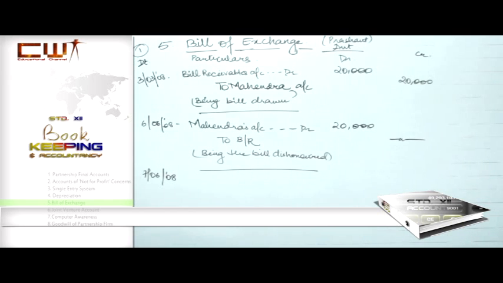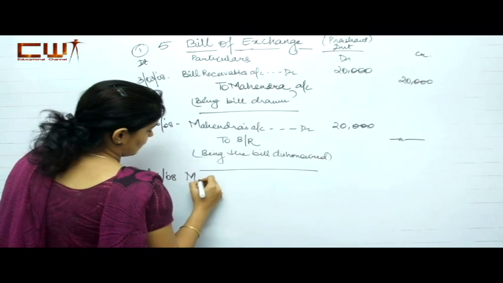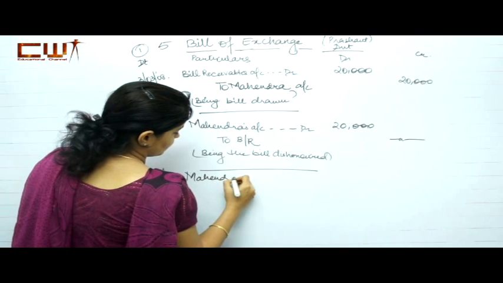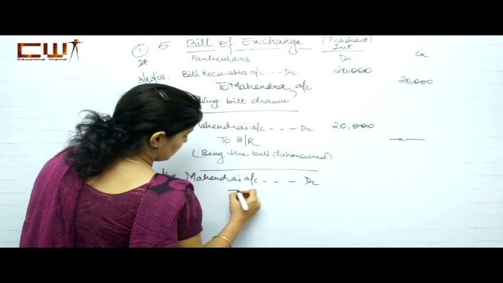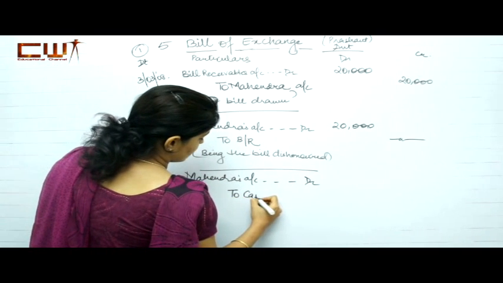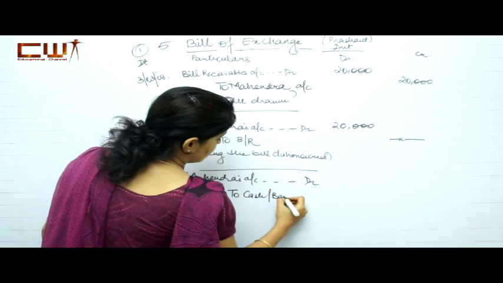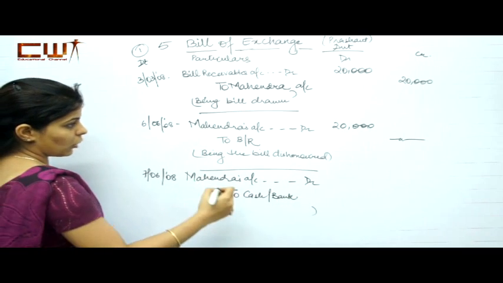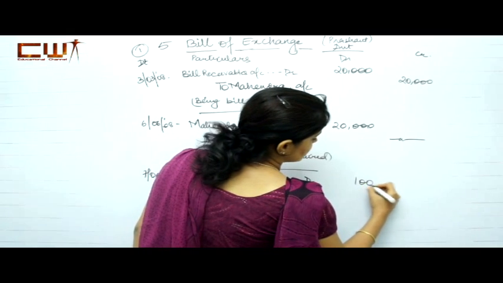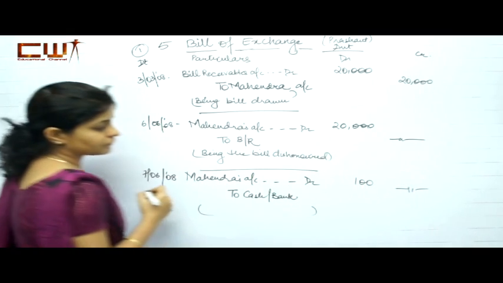Now who is paying? Mahendra is paying. So again Mahendra's account debit to cash or bank, because money is going out. So out of Mahendra's account, how much money is going out? Noting charges 100 rupees.